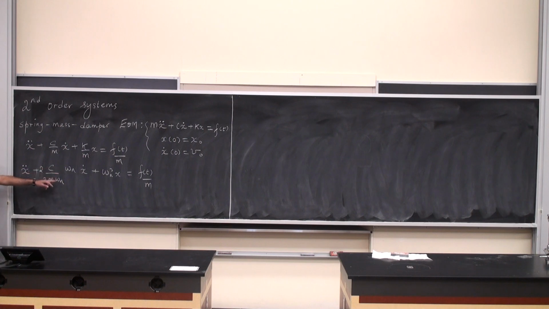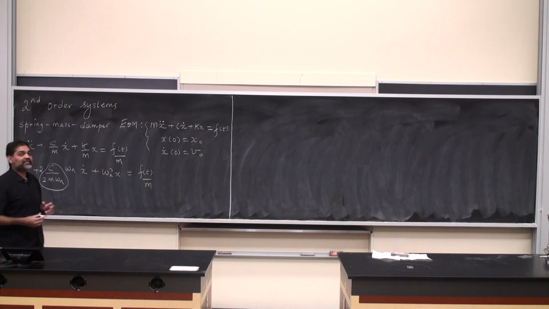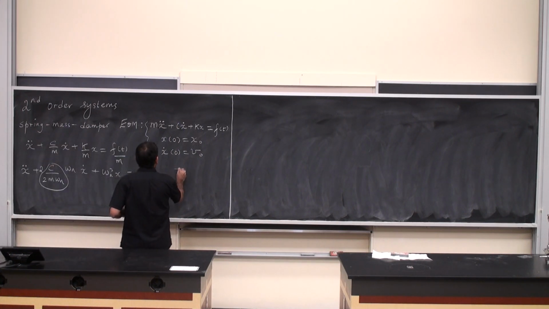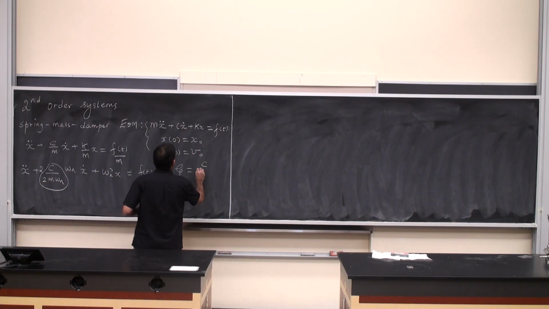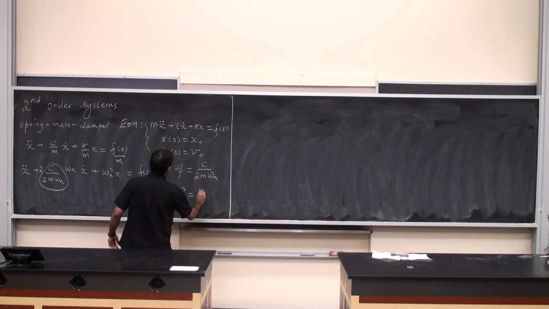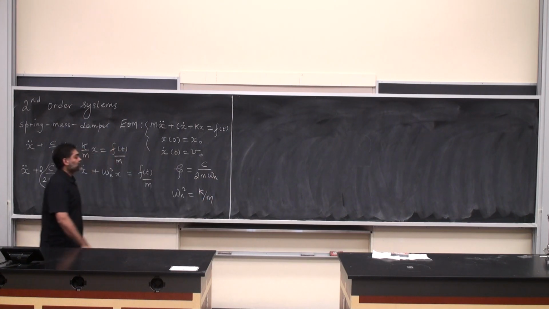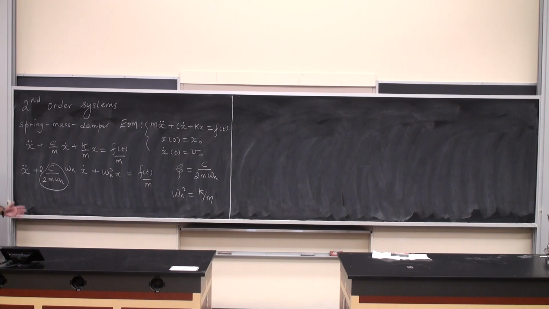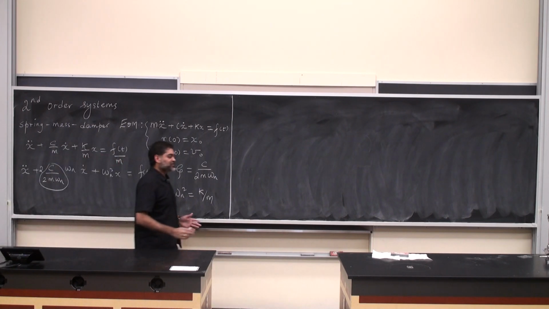I divided by omega n, multiplied by omega n, I divided by 2, multiplied by 2, so that I could group together the following set of terms and call them zeta. So this set here, we called zeta. Omega n square is k by m. So zeta is c by 2m omega n.